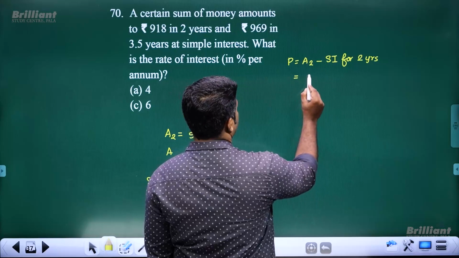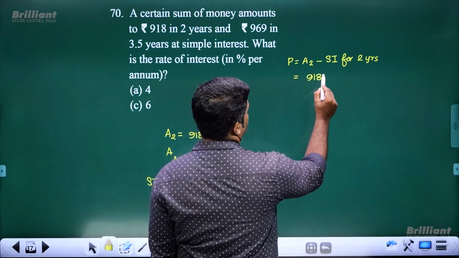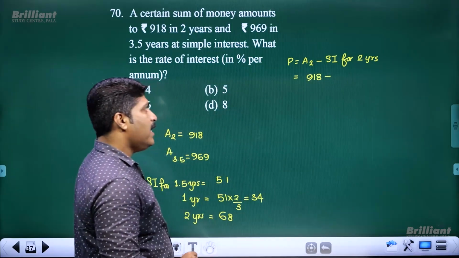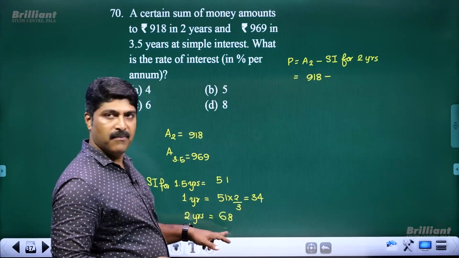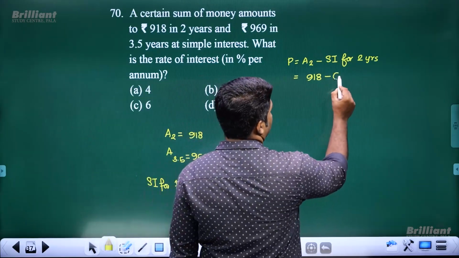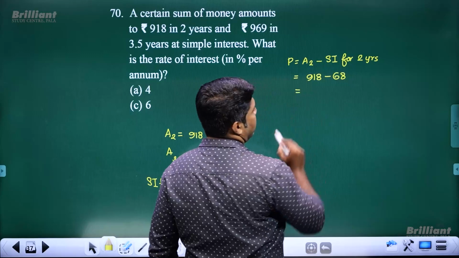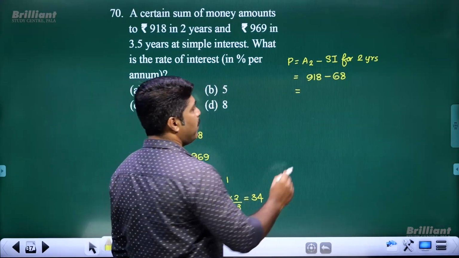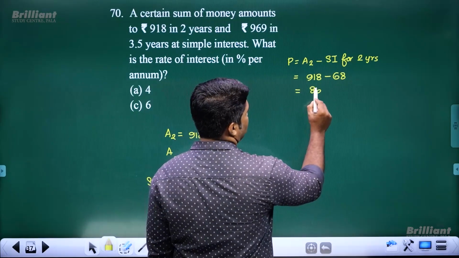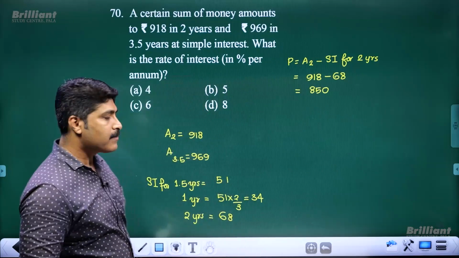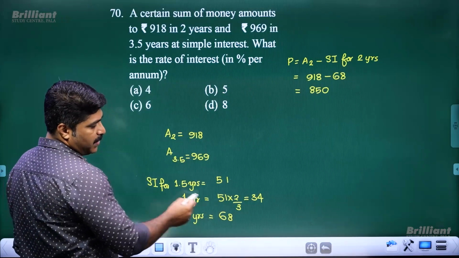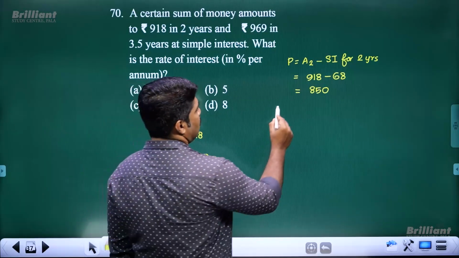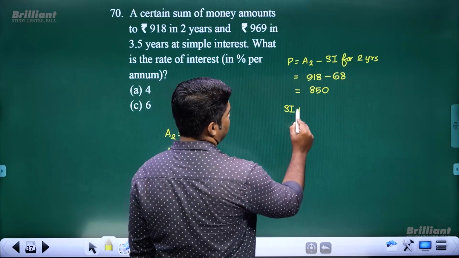Amount at the end of second year, that is 918. What is the simple interest for 2 years? We already found that, that is 68. So here the difference we have to consider, that's equal to 850. This is rupees 850. And we already found the simple interest for 1 year. Got it? So therefore, simple interest per year.